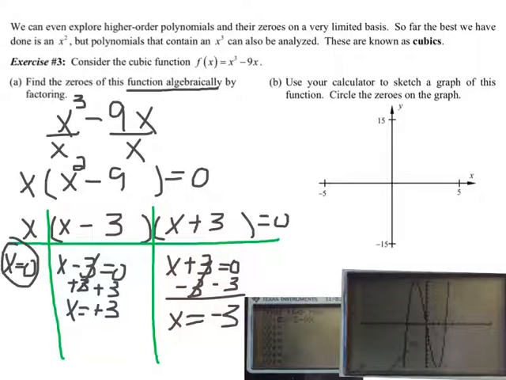And this is what it should look like. Inside my graph, you should notice it crosses at negative 3, 0, and positive 3. If I were to go ahead and sketch it, it would look something like this.